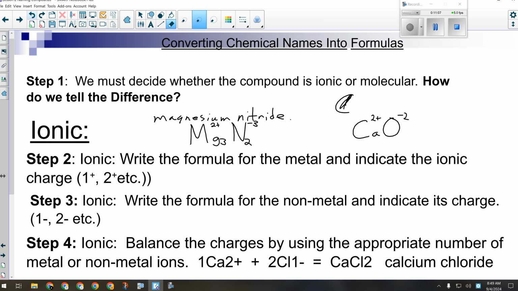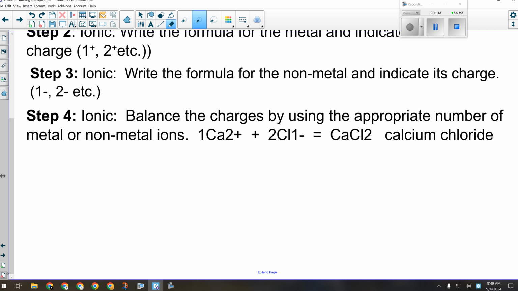Ringing a bell? How does this change if I was to get this? What if I got an ionic compound and it had a Roman numeral in the name?